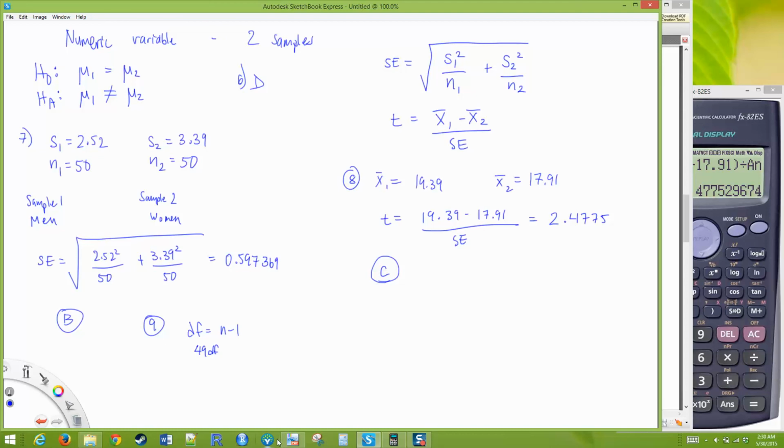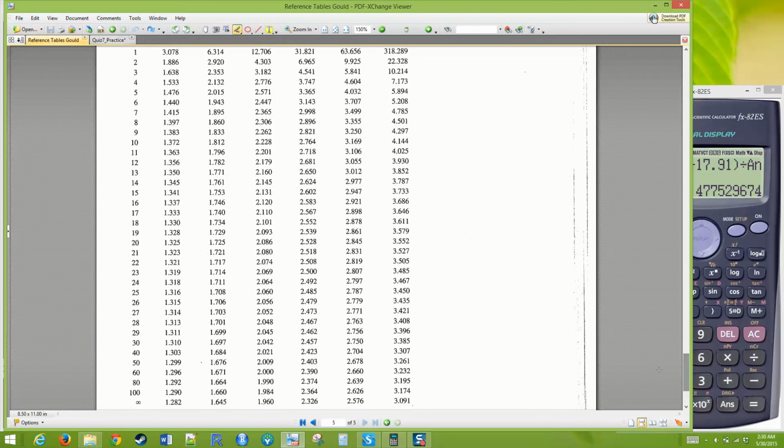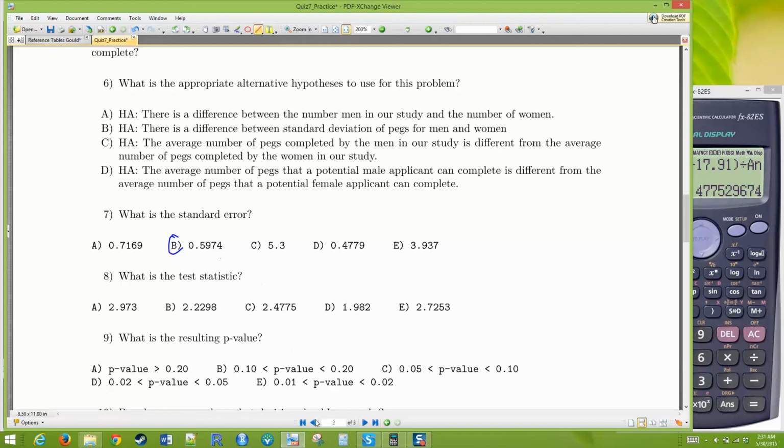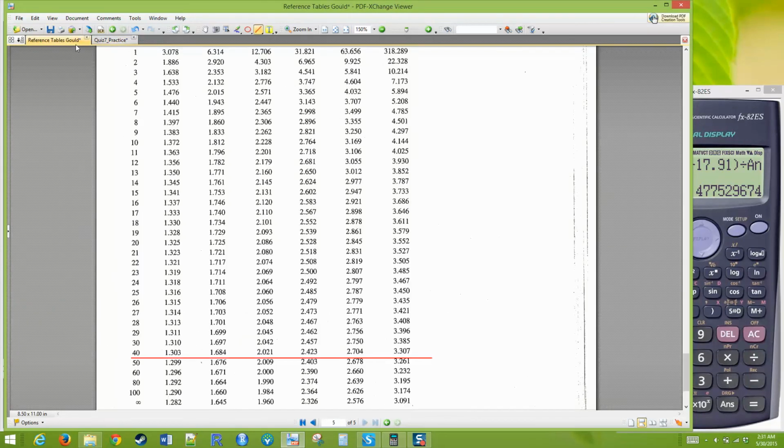We go to our table, and we don't have 49 degrees of freedom, so we always round down and use 40 degrees of freedom. Looking at 40 degrees of freedom and our test statistic of 2.4775, we see where 2.4775 fits in the table.